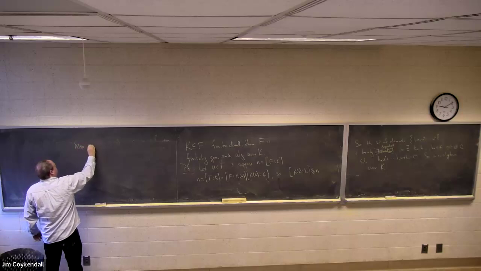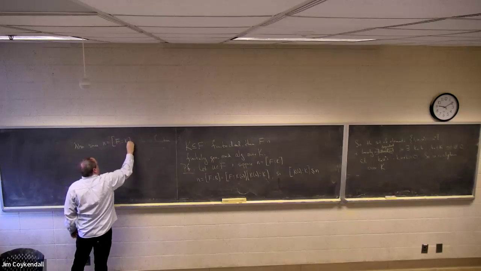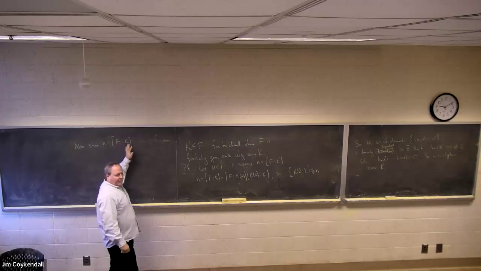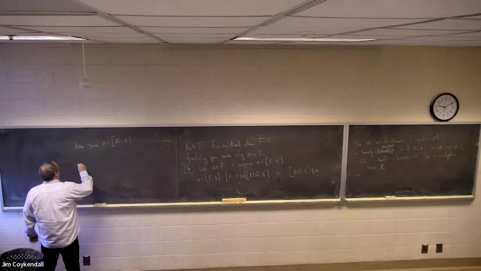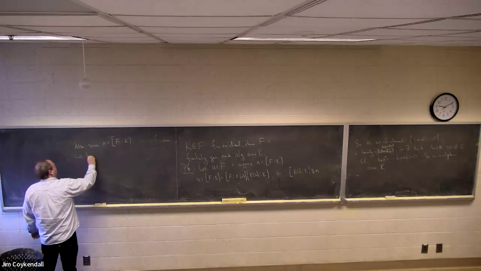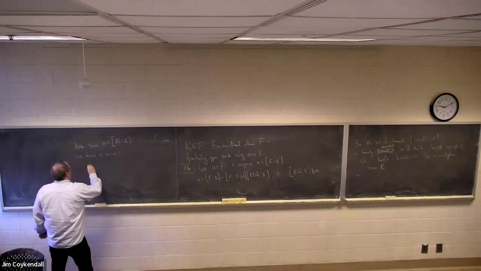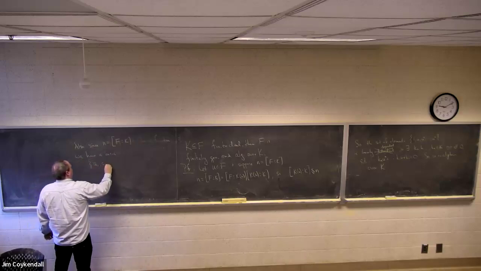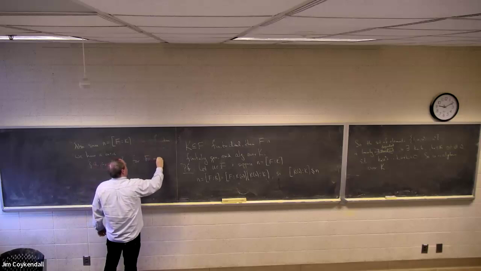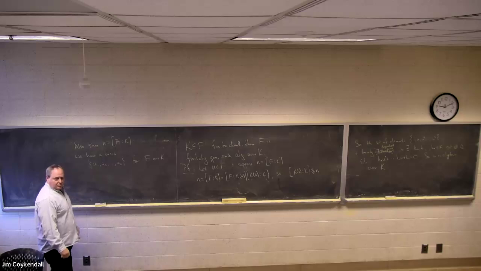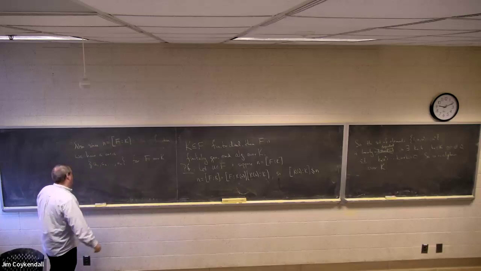Also, since the degree of F over K is N, that means that F is an N-dimensional vector space over K. So take a basis, say A1, A2, up to AN for F over K. So in particular, any element of F is a K-linear combination.